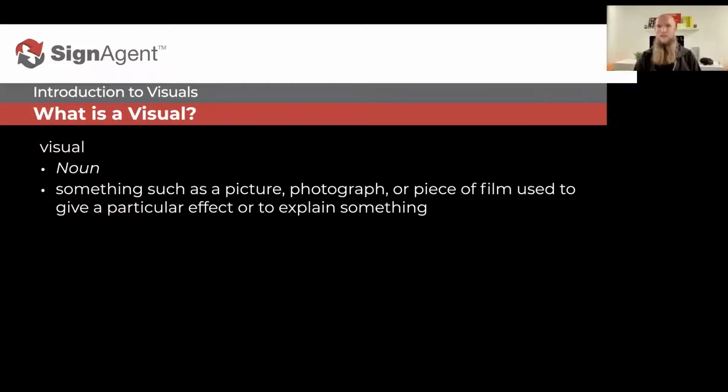In our case, we decided to go with the term visual because there were different pieces of visual information being used in signs. And I'll go through that in the next steps, where you had symbols and graphics and all these different things. So I'll break that down in this next step here.